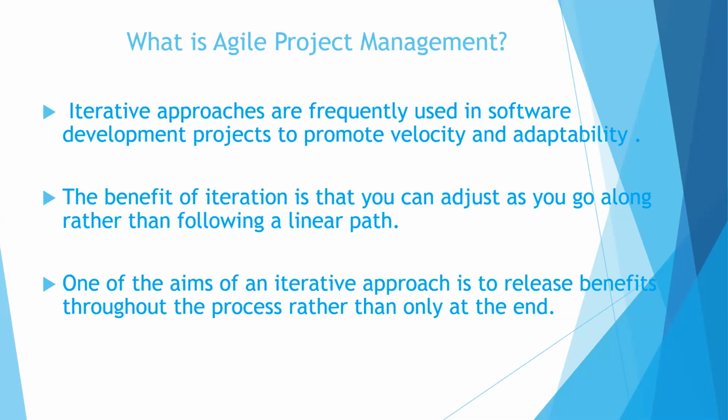As I've explained, it promotes velocity and adaptability. It allows us to adjust along the way as we follow the linear path. One of the aims of the Agile approach is to release benefits throughout the process rather than only at the end. In Waterfall, we don't see what we are building until the end of the project.